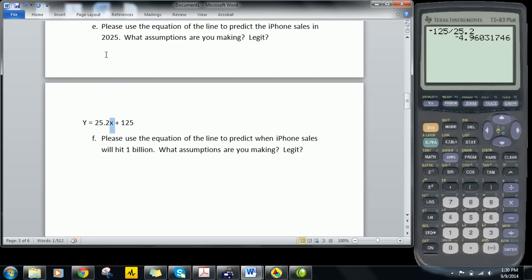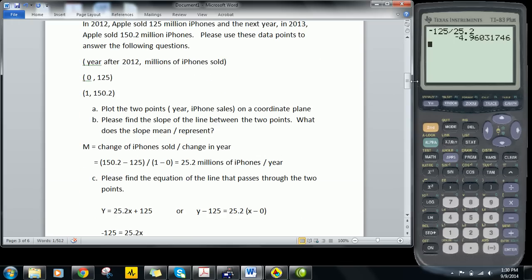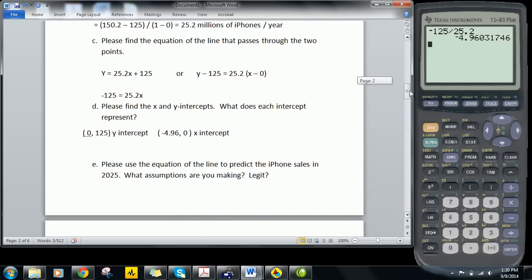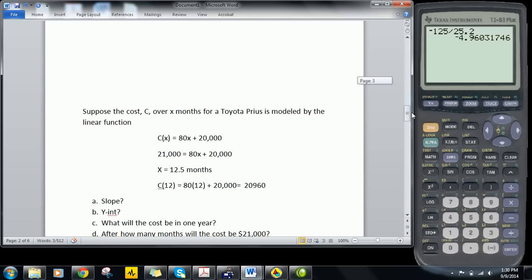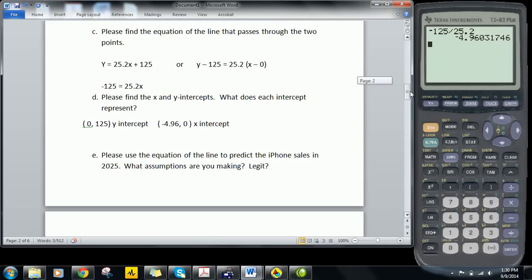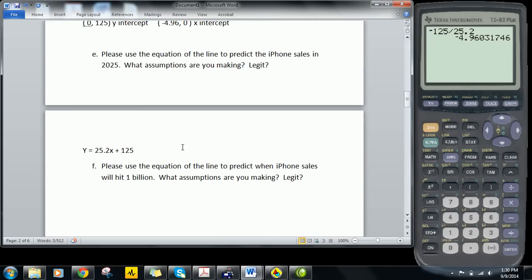But I'm not going to put 2025 in because if you recall, x, my independent variable, was the year after 2012. So I'm really putting in 13, right? 13 is the year after 2012. So instead of 2025, I'm going to plug in for x 13.